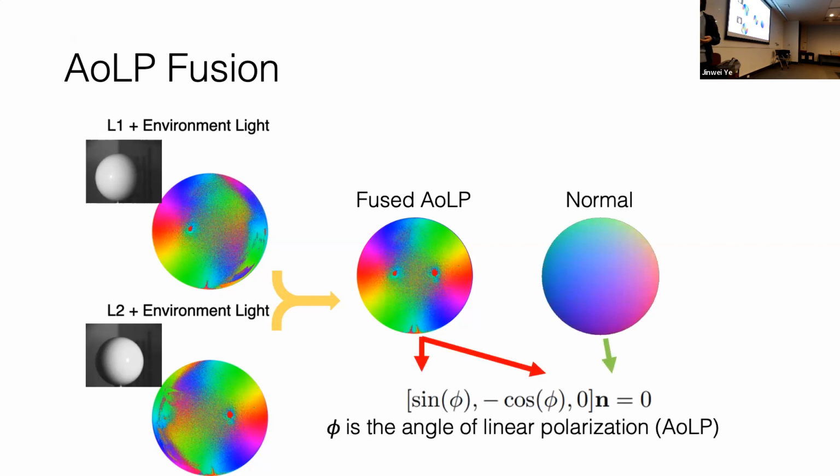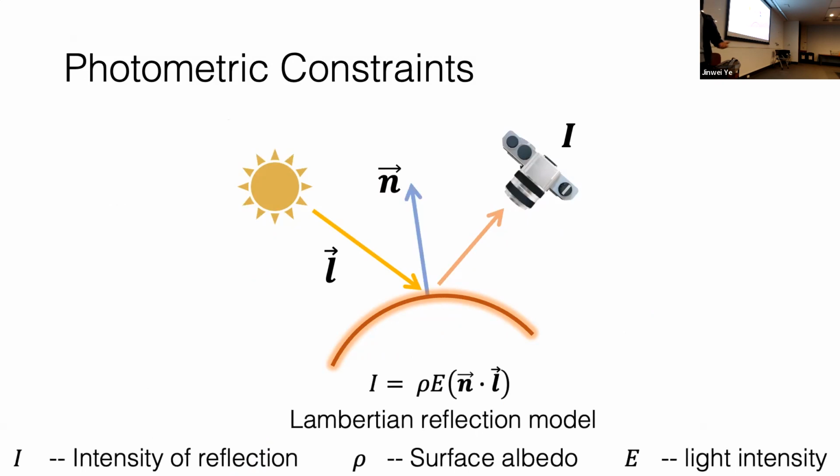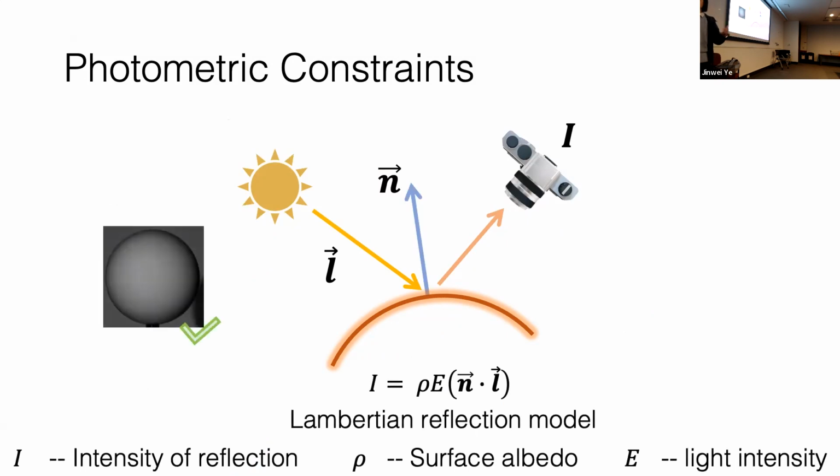Because we have two light sources, we also have the additional photometric cues, which is the constraint that people use a lot in photometric stereo. It just naturally comes with these cues. What is special in our work is that photometric stereo has this Lambertian or diffuse constraint, but in most cases we have specularity.